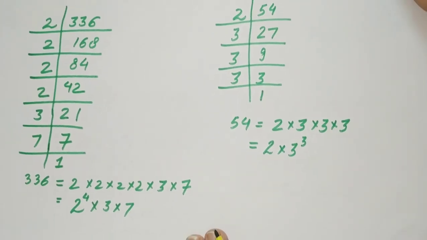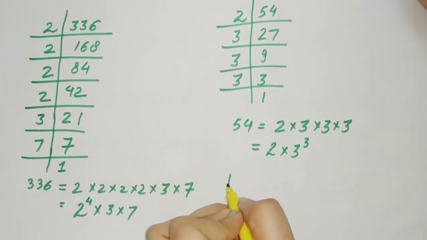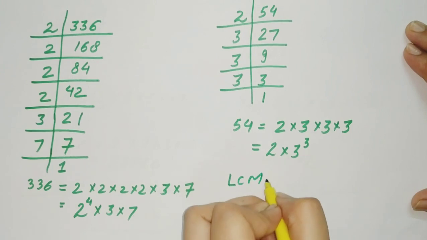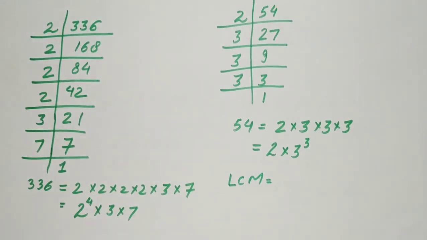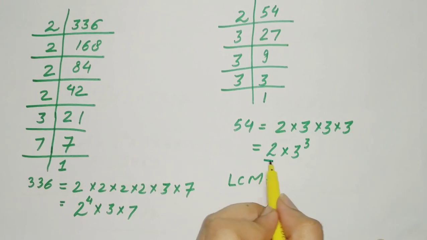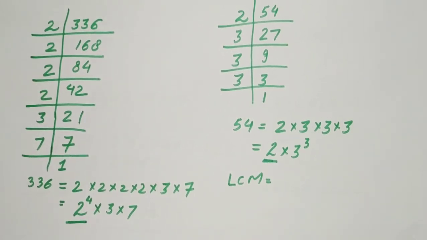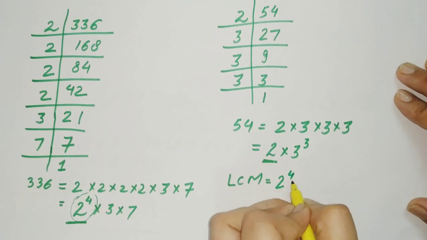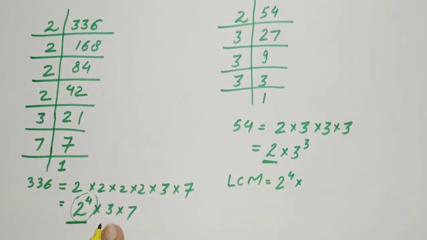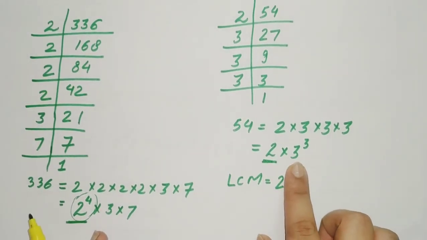Now let's find out the LCM. To find out LCM, we will select the common prime factor having the highest power. So here we have 2 and here we have 2 raised to the power 4. Thereby we'll select 2 raised to the power 4 to find out the LCM. Now here we have 3 and over here we have 3 raised to the power 3.